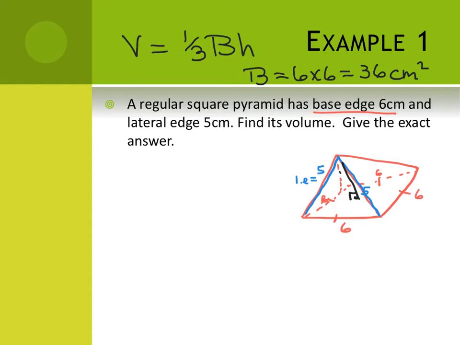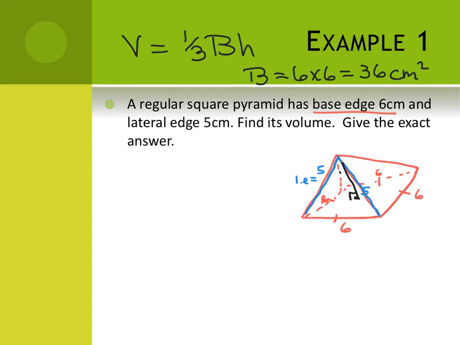The first way, and I'm not going to use this method, is I could go ahead and make a radius and form a triangle with the lateral edge, the radius, and the height. Now notice all I have so far is that lateral edge.